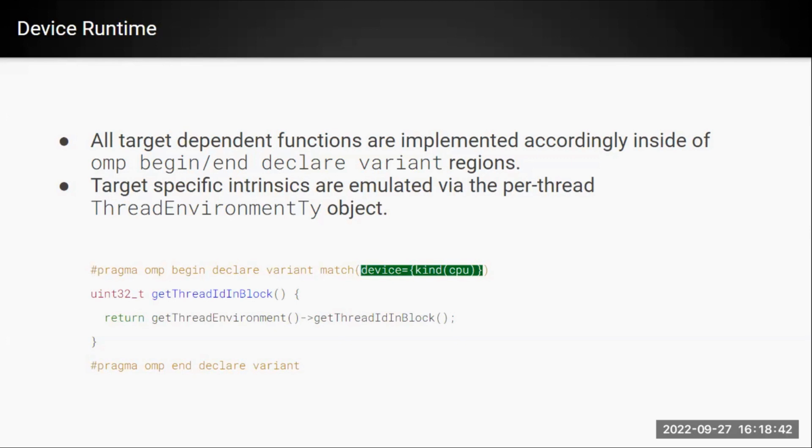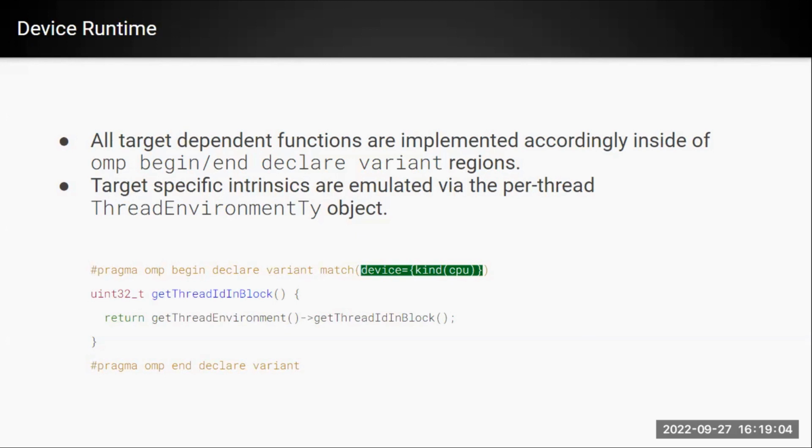The device runtime is a lot of generic code. That generic code calls functions that are then specialized per architecture through declare variant. So the declare variant says, if the device you compiled for is the CPU, use this implementation.